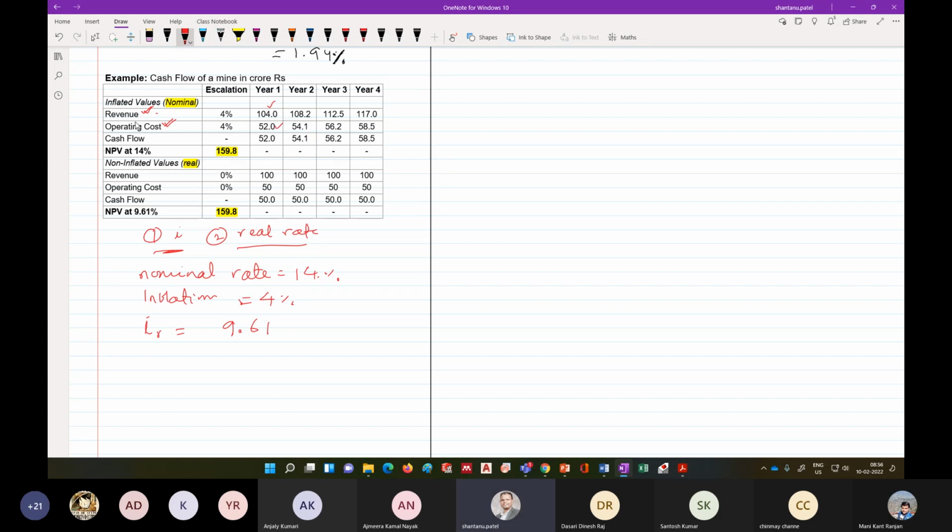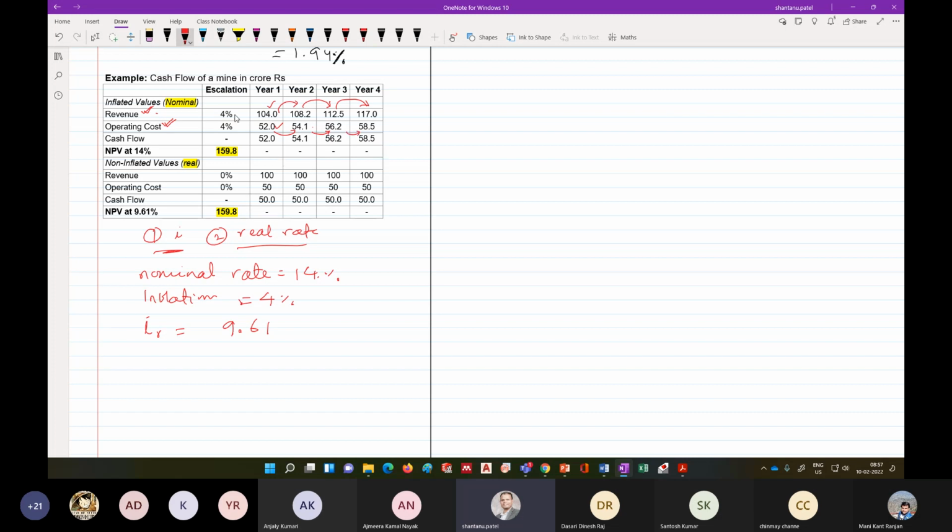If there is 4% inflation, our revenue also will increase by 4% and becomes 108.2, and again next year a 4% increase gives 112.5, and another 4% increase gives 117. Similarly, our expenses will increase by 4%, and again by 4% and 4%.